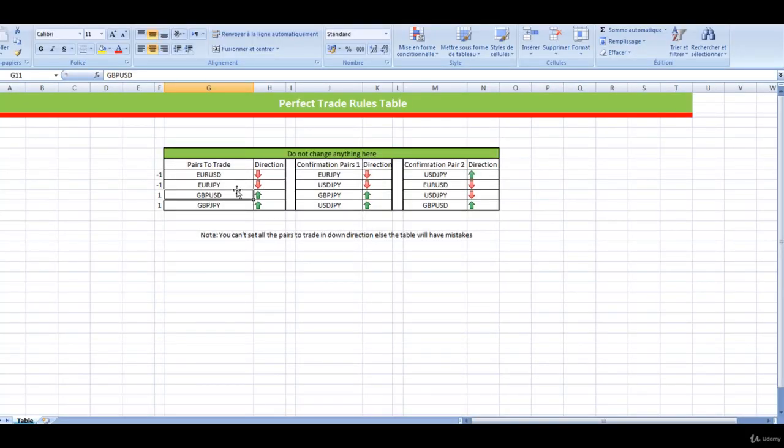For example, we have two excellent configurations, in GBP USD and the same in GBP JPY, in an uptrend direction. To decide that, you have to see the USD JPY, what it is doing, if it's in an uptrend or in a downtrend, at least in a lower time frame.